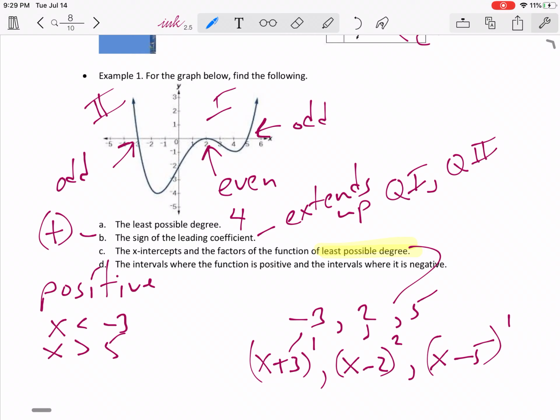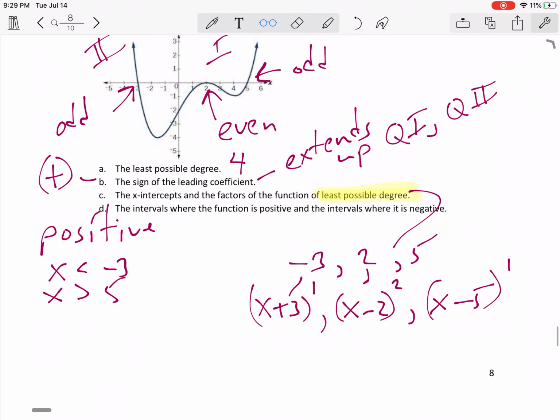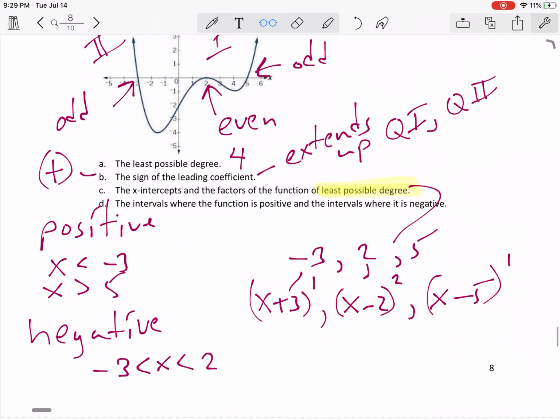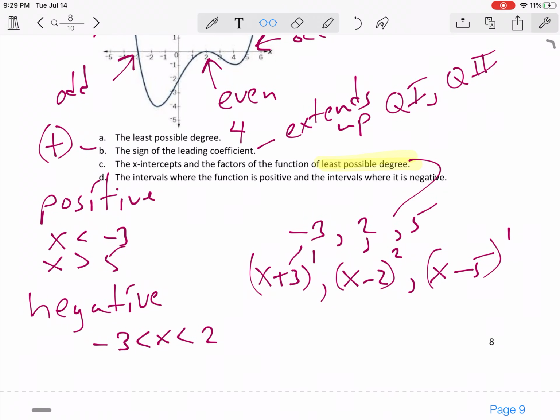It's going to be negative for x between negative 3 and 2, and it's going to be negative between 2 and 5.